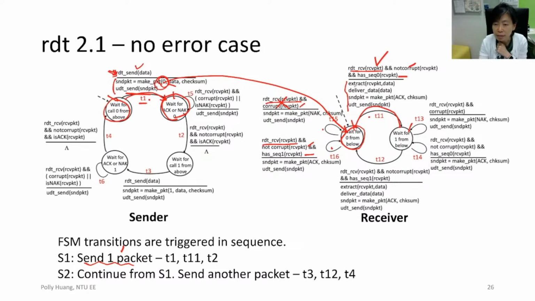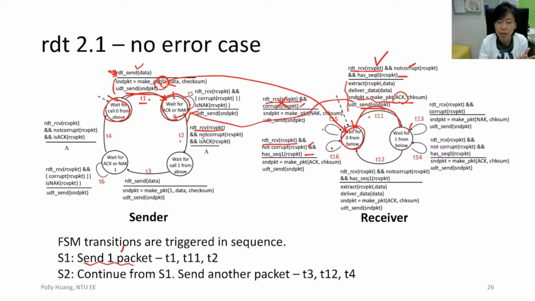Next, over here, the receiver is generating an ACK packet and it's being sent back. That's going to trigger an ACK packet arriving back at the sender. The sender is currently at the wait for ACK or NAK 0 state. There are 2 possible transitions. Which of these matches the ACK packet with no error?